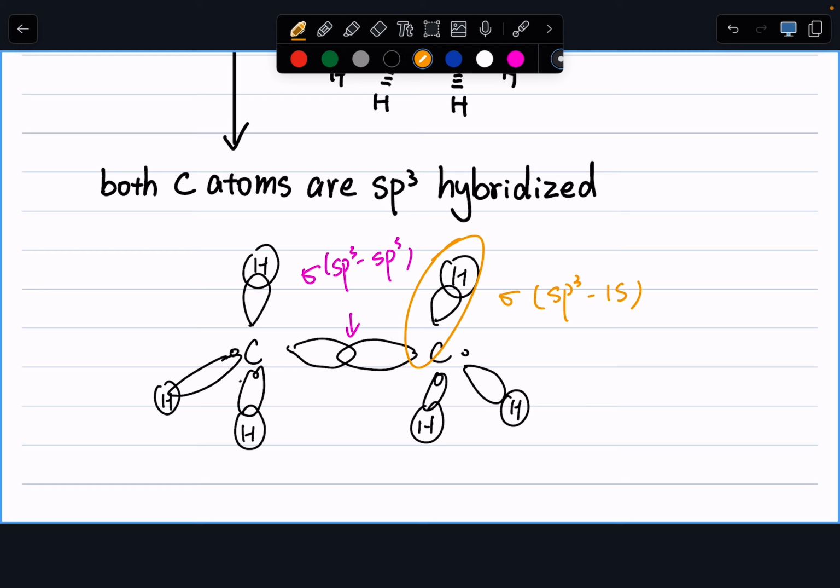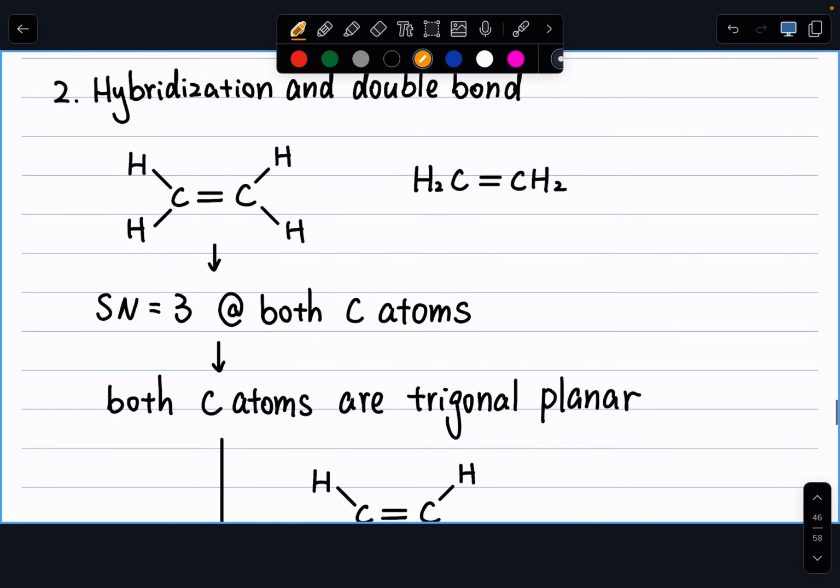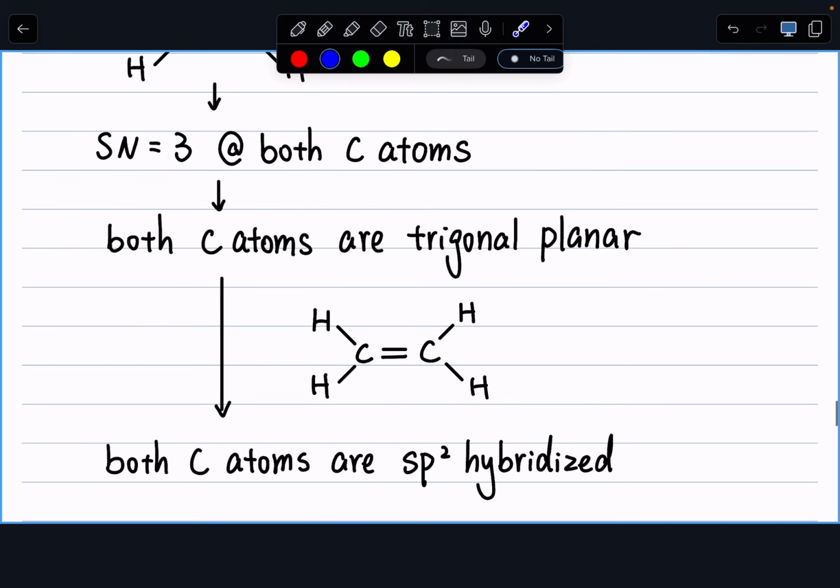Let's look at the double bond, because it gets a little more fun when we have a double bond to play with. Say we have ethene, where CH2 is double bonded to CH2. For both carbons, the steric number equals 3, so both carbons have trigonal planar geometry. They're both sp2 hybridized.